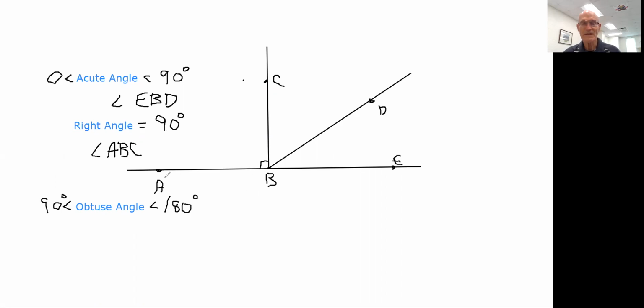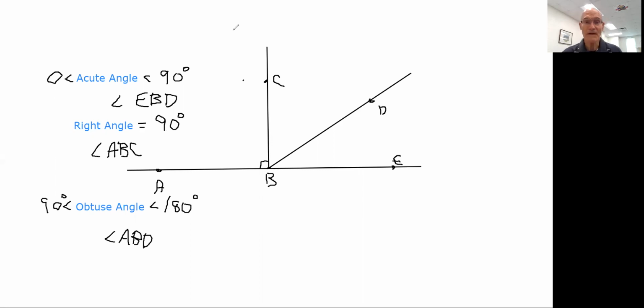So in this case, angle ABD would be an example of an obtuse angle.